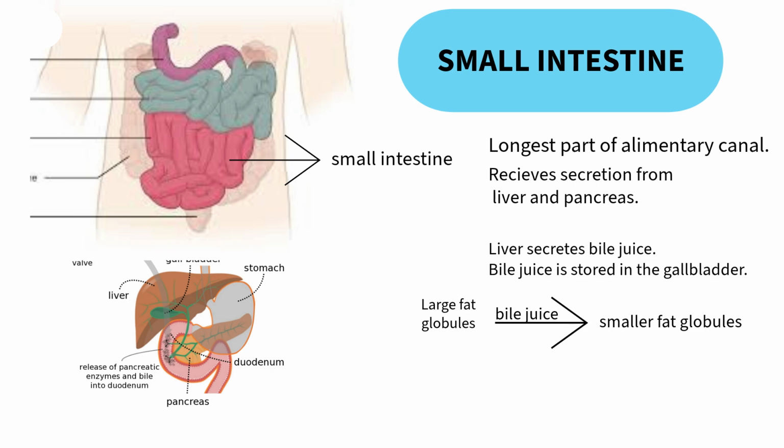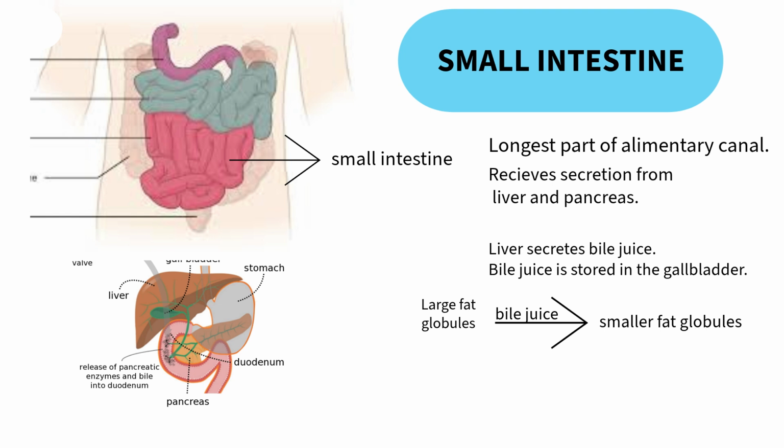pancreatic juice. First we should learn about bile juice and its role. Bile juice contains bile salts, which break down the fats present in the food into smaller globules, making it easy for the pancreatic enzymes to act and digest them.